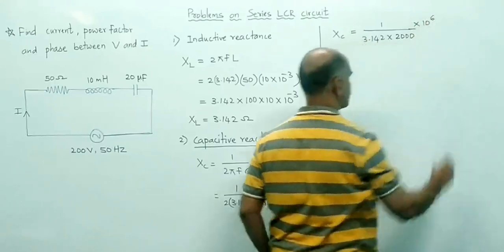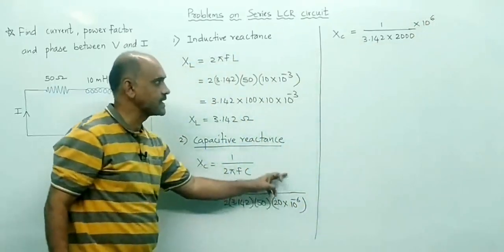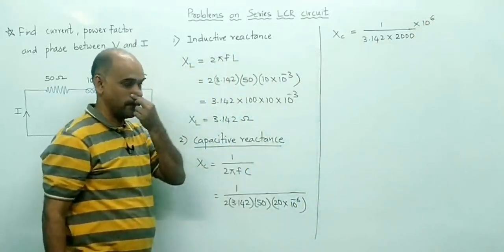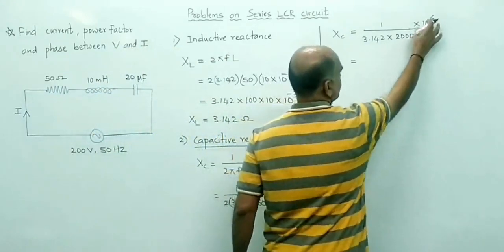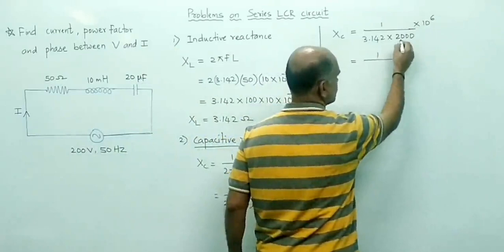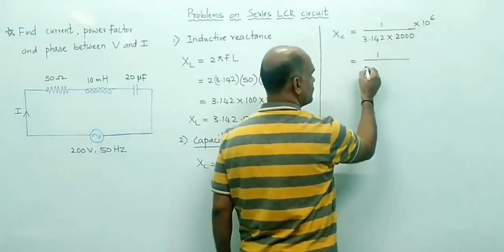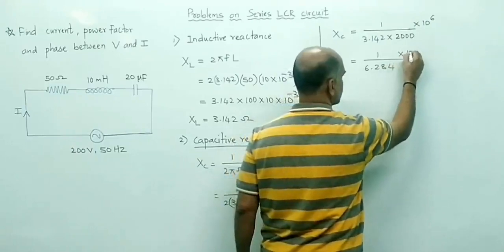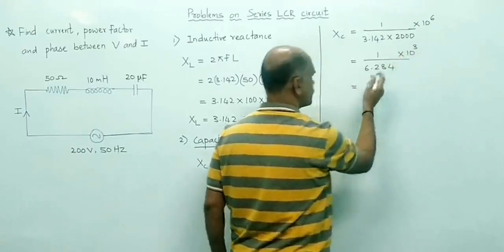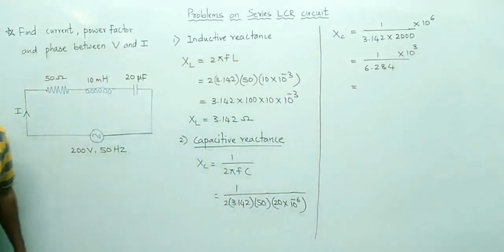I will take this to the numerator, so minus 6 becomes 6. So if we simplify this, 3 zeros get cancelled. If I multiply by 2, I will have 6.284 into 10 raised to 3. So use a calculator and simplify. You will have the answer.